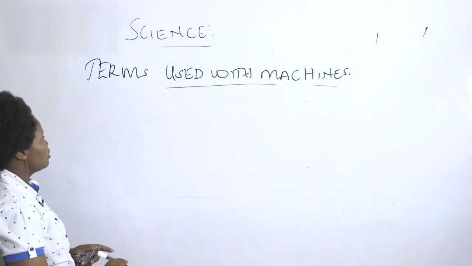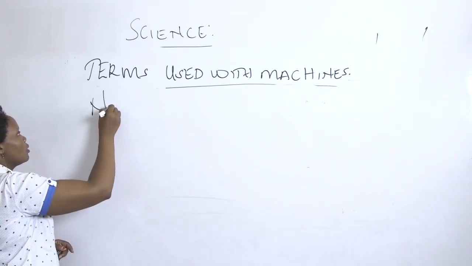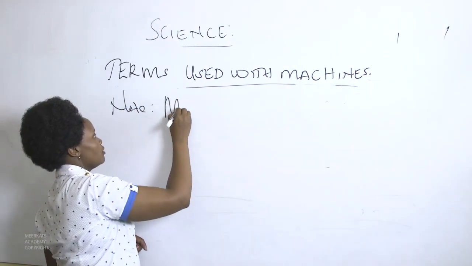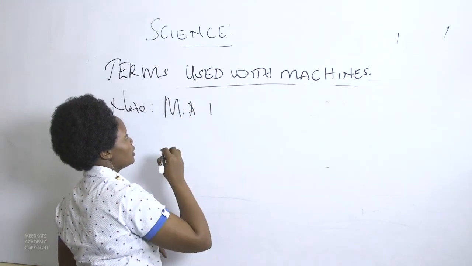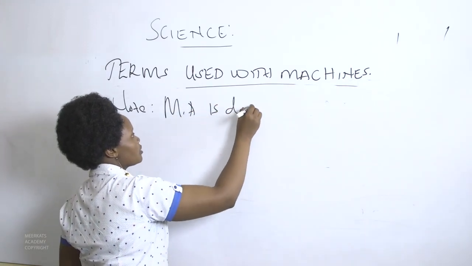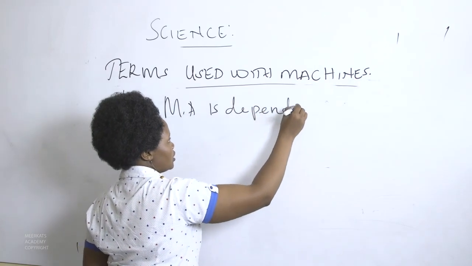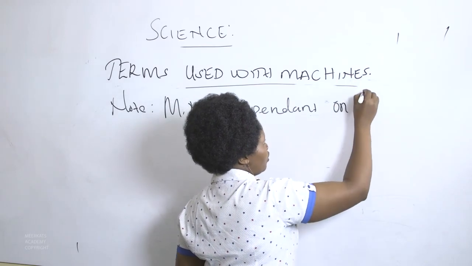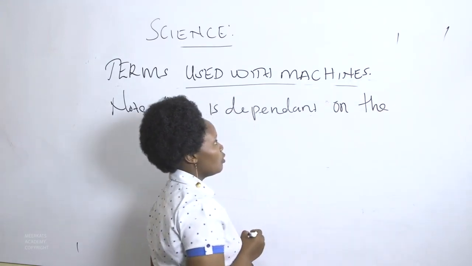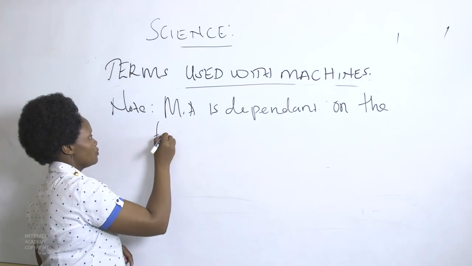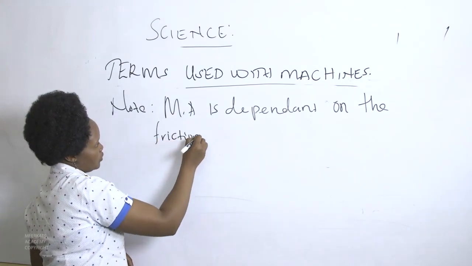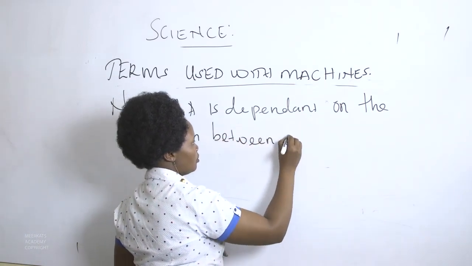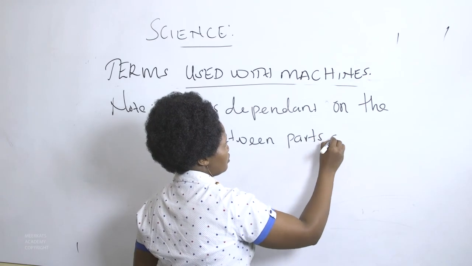Number one is that mechanical advantage is dependent on the friction between parts of the machine.